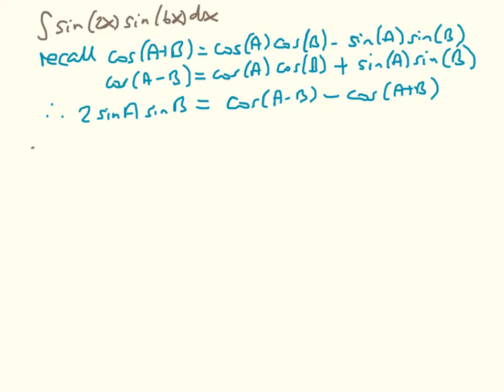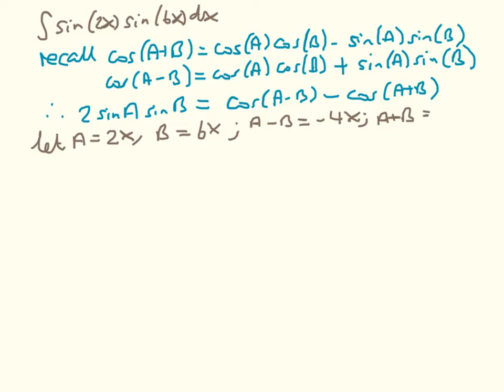So what I want to do is to say let a equal 2x, b is equal to 6x, so a minus b is minus 4x, and a plus b is 8x.